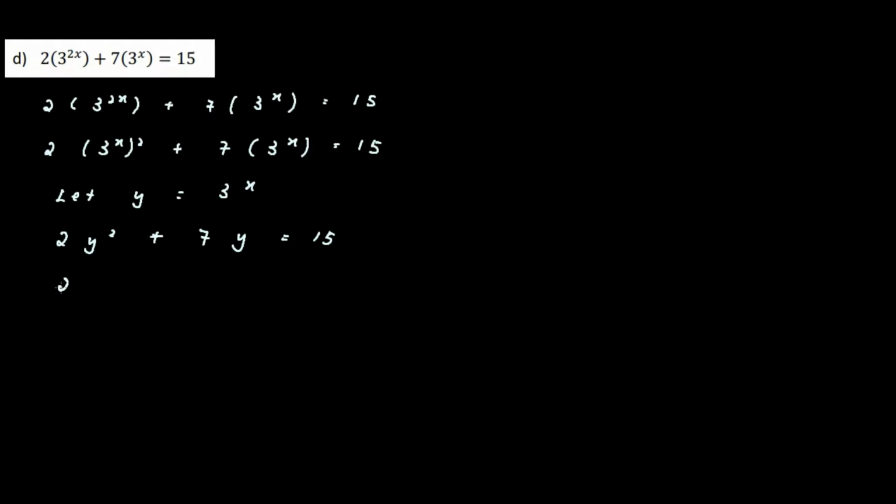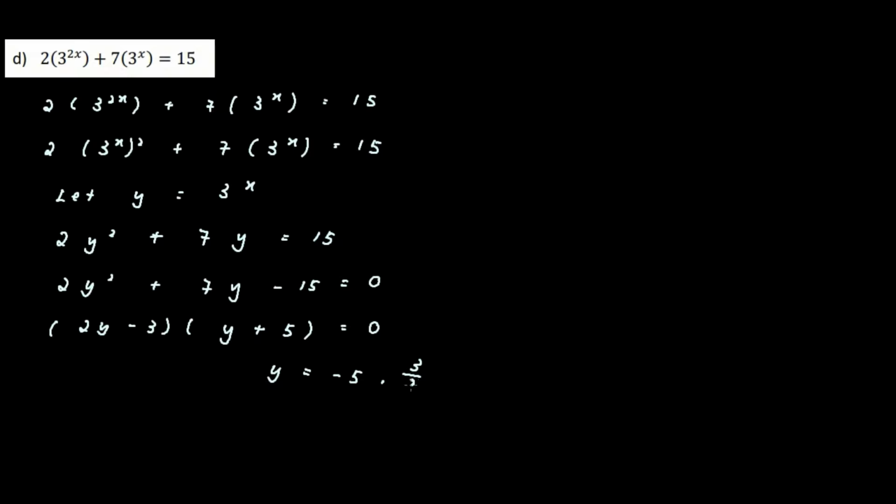As you continue, try to arrange it into a quadratic equation: minus 15 equals 0. Factorization: 2y minus 3 and then y plus 5. So you get y equals negative 5, and the other one is 3 over 2.